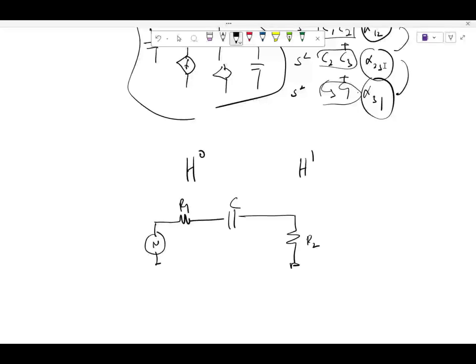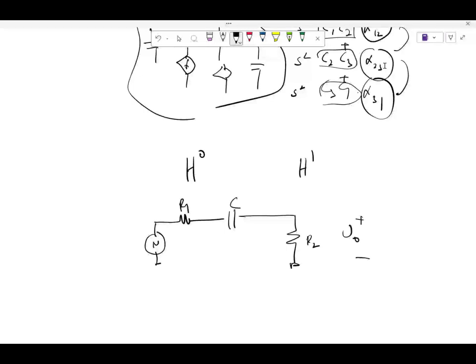In this case, can you comment whether H1 is positive or negative? Oh, I have not told you where the V naught is. So it's V naught.